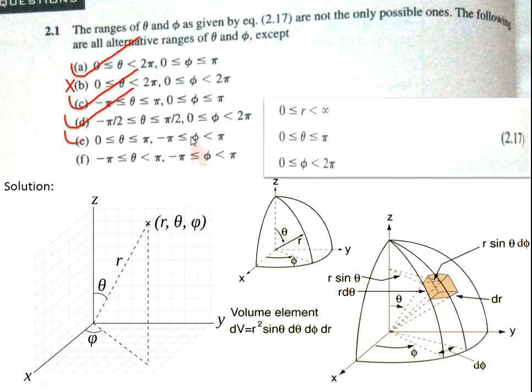Okay, so E is also correct. Now F: theta varies from minus pi to pi, so its range is 2 pi, and phi also has the 2 pi range, so it is not correct. So the incorrect answers are B and F.